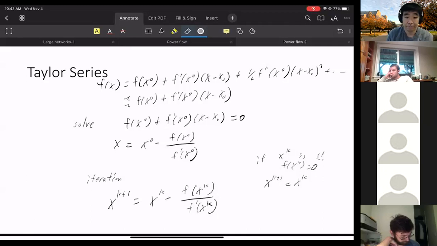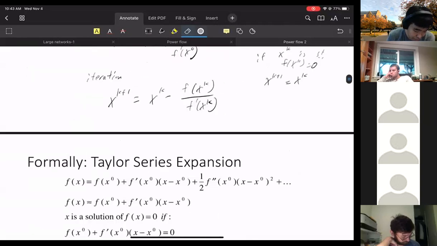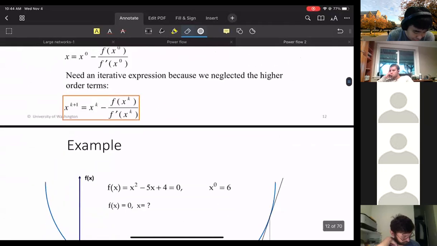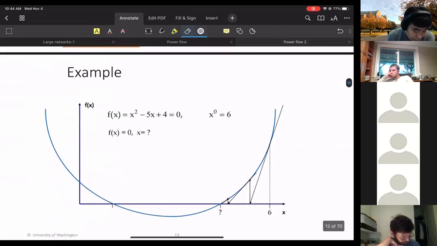Okay, so this is the formal version, and now a typed out example. This example shows a case where sometimes it works, but you're not sure which solution you get. Let's say we take this quadratic. It has two solutions.